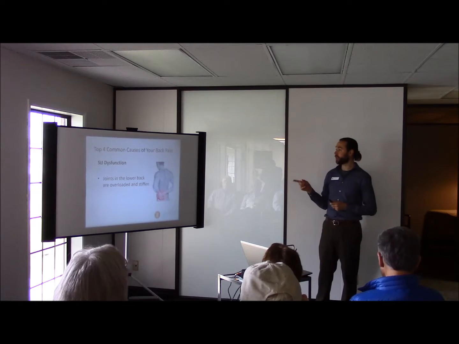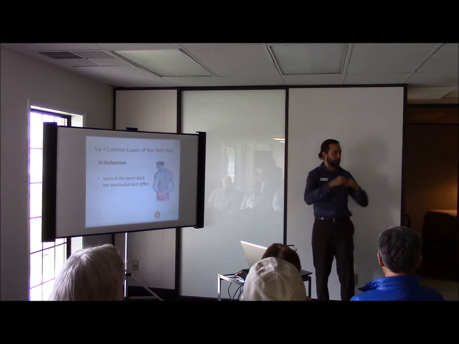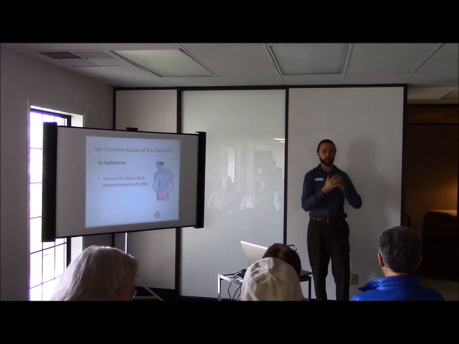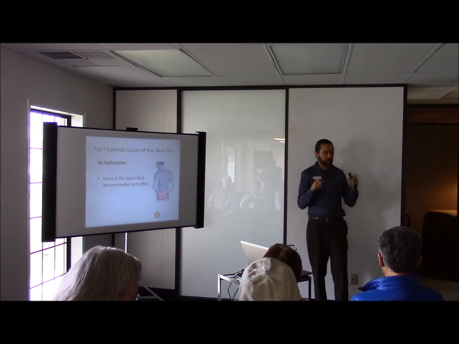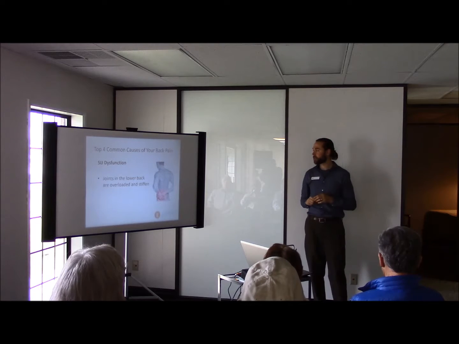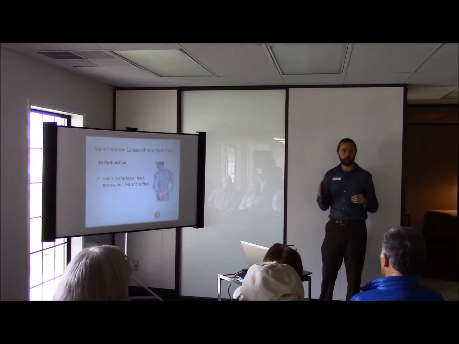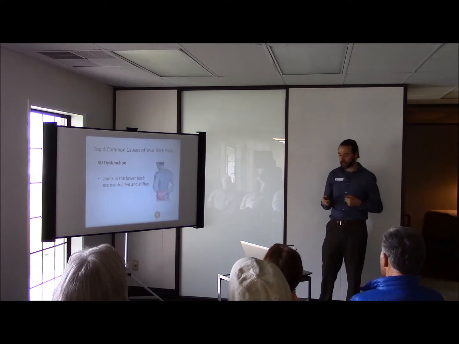The SI joints are kind of funky, like I mentioned. They're actually not like a smooth joint. You think of a joint like hinging and unhinging, or a smooth surface, like a rounded surface and a concave surface. The SI joints are not like this. They're like a bunch of rocks and just scraggly. So to have the force transmitted through there and just kind of rubbing those weird areas against each other can cause a lot of irritation.